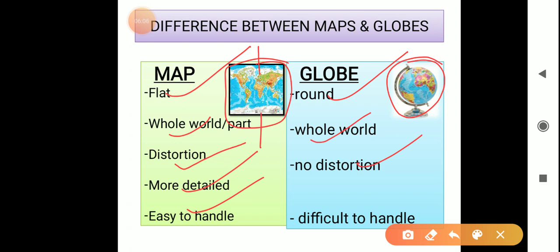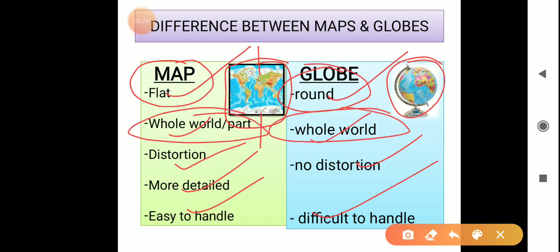Once again, I am going to explain the difference between maps and globes. A map is flat, a globe is round. A map may show the whole world or a part of it, but a globe always shows the whole world. The shapes of the continents and oceans, especially those near the poles, are distorted on a map.